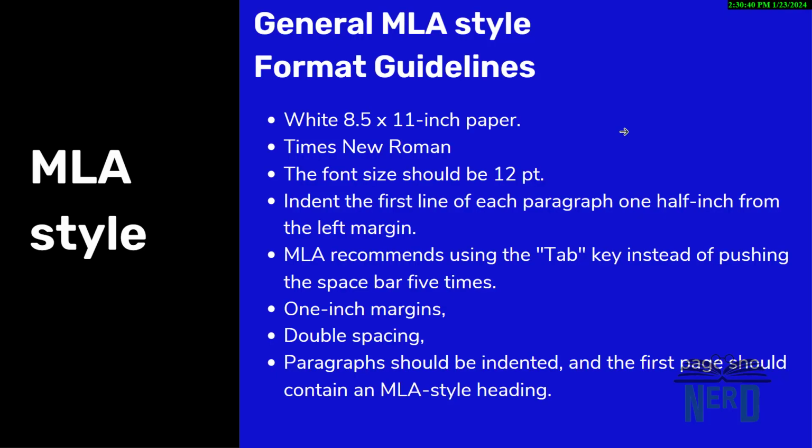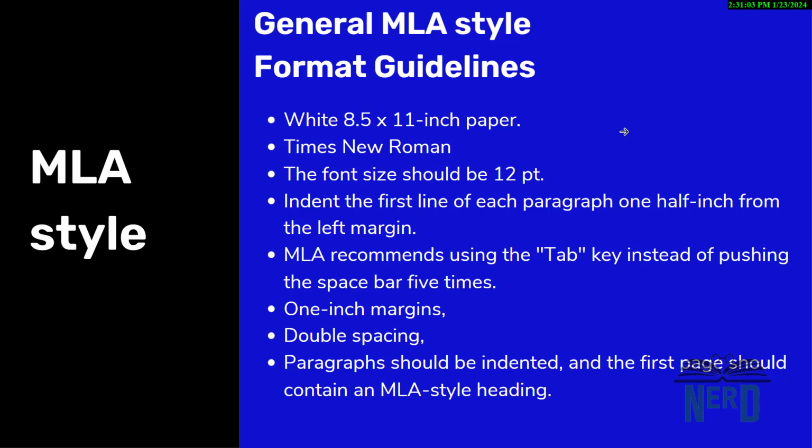Well, again we'll start with the format. Remember that it should be white, 8.5 by 11-inch paper, and it should be Times New Roman font, and the font size should be 12 point, and indent the first line of each paragraph by 0.5 inches. That is similar to APA style, right?